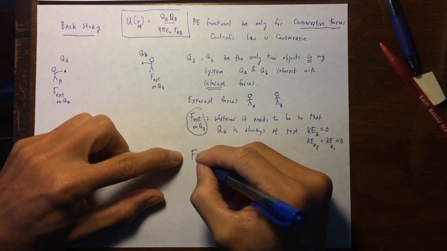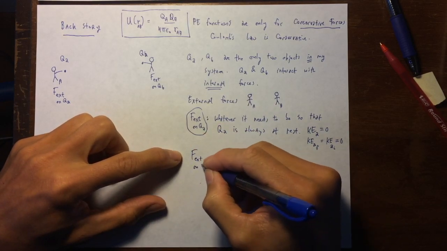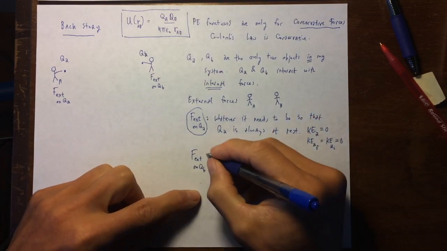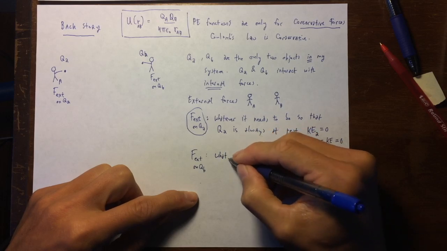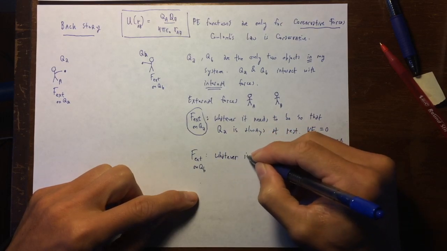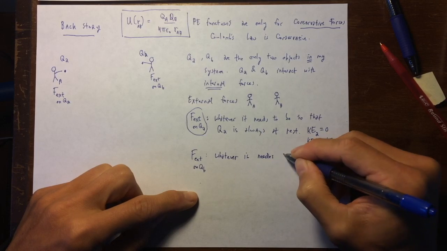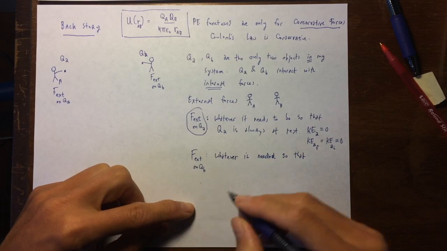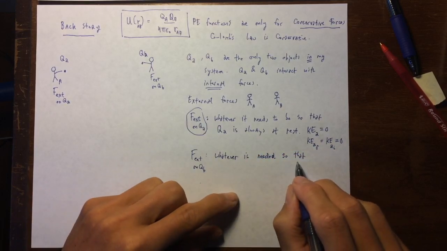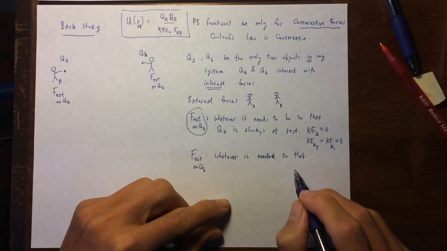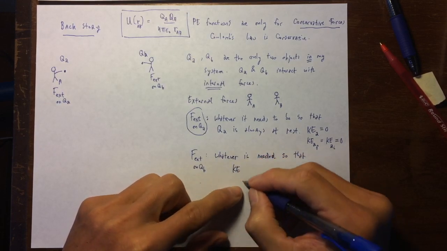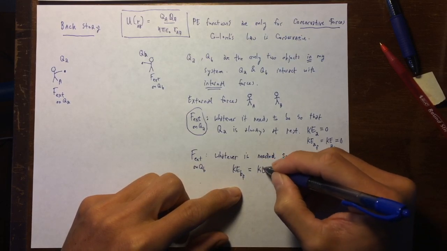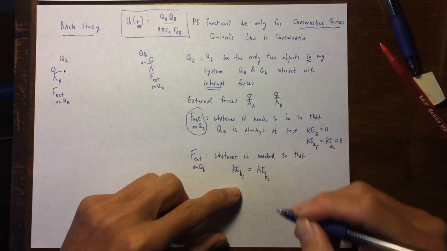The directive for person B is to do whatever is needed so that, and this one is a little bit tougher to swallow, the kinetic energy of B in the final case is always equal to the kinetic energy of B in the initial case.